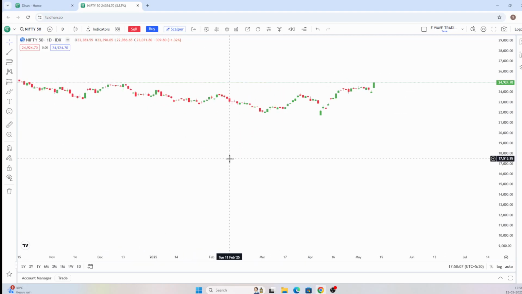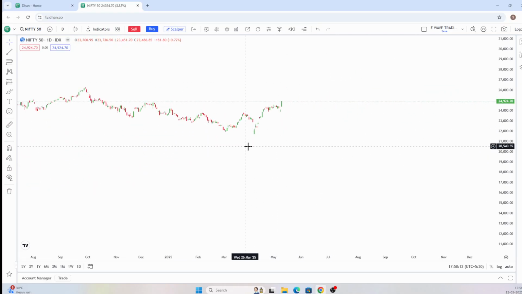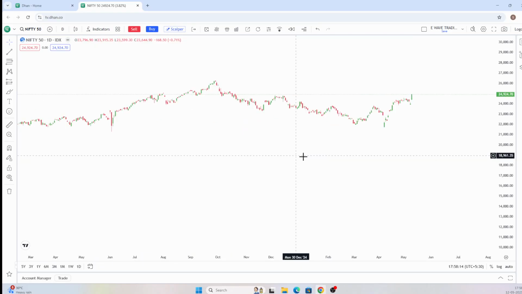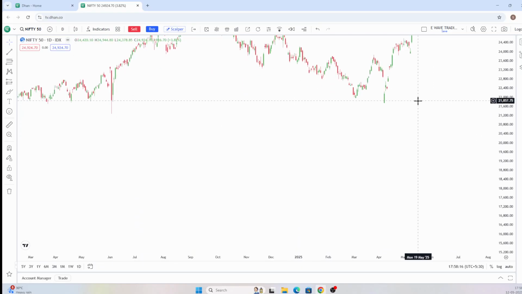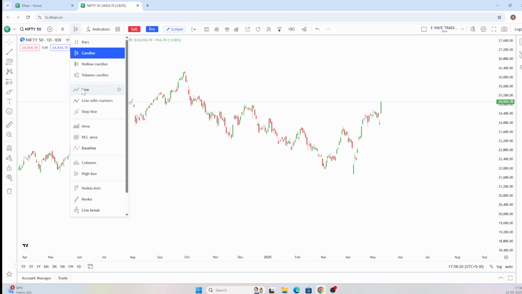Now on the daily, when we come to this, we come to know that it has made some hanky panky, there is a huge gap and other things. So let's understand this huge gap. On the daily, let's go with the line chart basically.